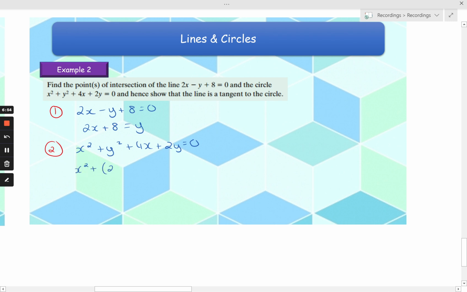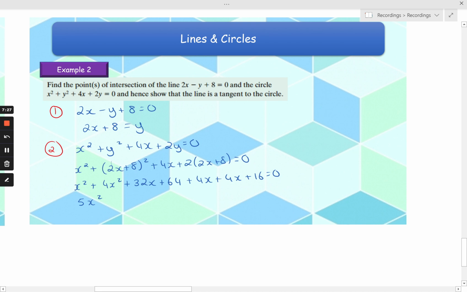So we're going to have x squared plus (2x plus 8) squared plus 4x plus 2 by (2x plus 8) equals 0. So we have x squared. Again, I'm going to use the perfect square formula here, but you can multiply it out using your brackets, where you have 4x squared plus 32x plus 64 plus 4x plus 16 is equal to 0. So now I see I have 5x squared.